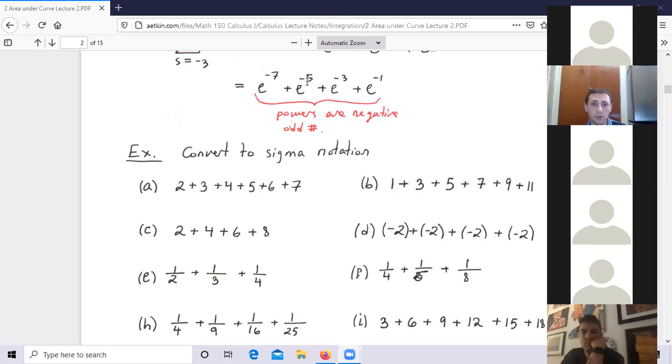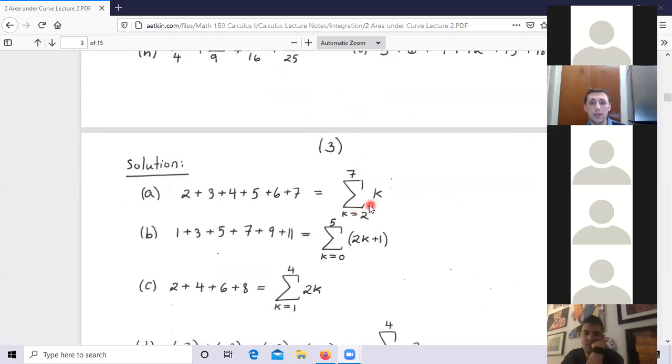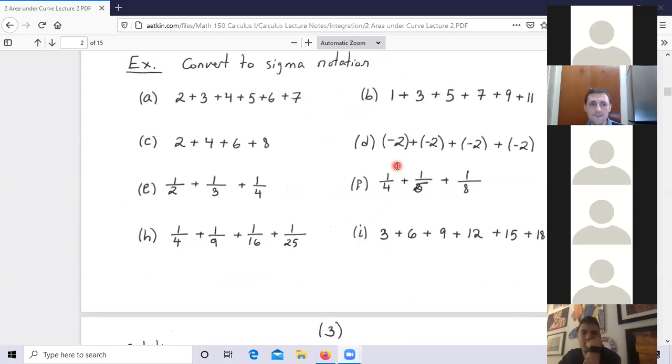Okay, k equal to 2 to 7, fine. It's very simple, right? So here is how you write it: summation k equals 2 to 7 of k, or you can use another letter, okay?